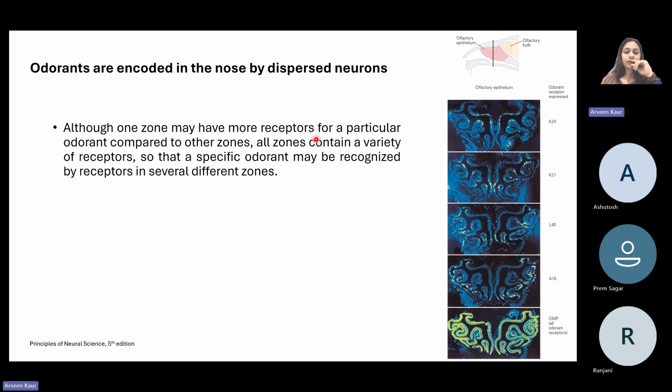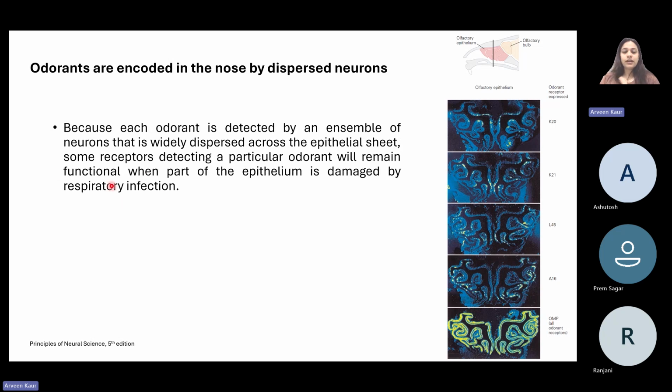Although one zone may have more receptors for a particular odorant compared to another zone, all zones contain a variety of receptors so that a specific odorant may be recognized by receptors in several different zones of the nose. Because each odorant is detected by an assembly of neurons that is widely dispersed across the epithelial sheet, some receptors detecting a particular odorant will be functional when part of the epithelium is damaged by a respiratory infection, right?